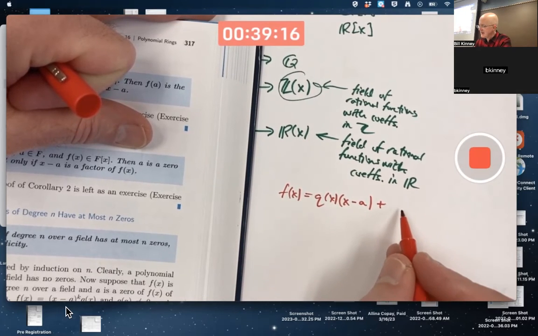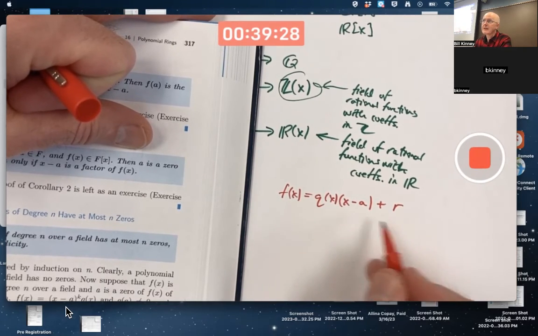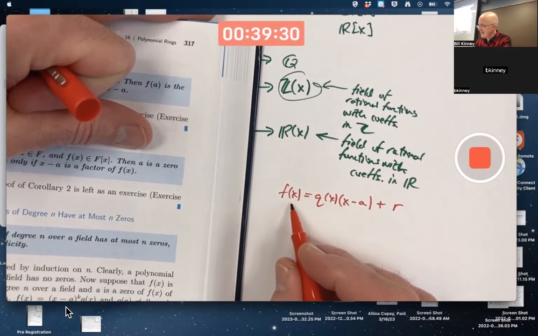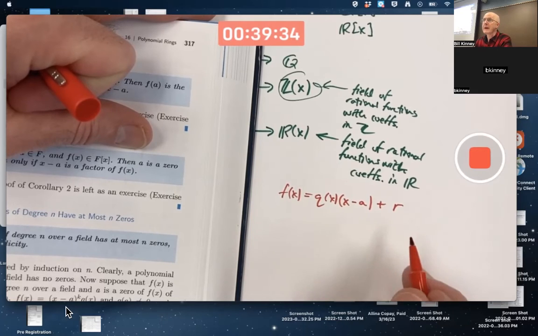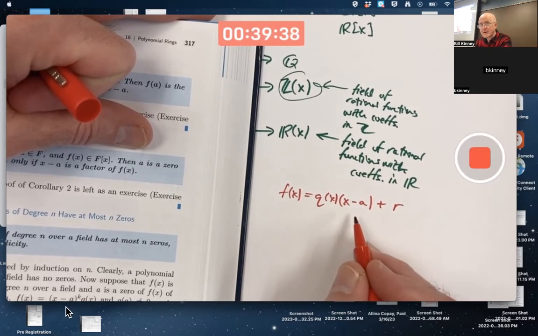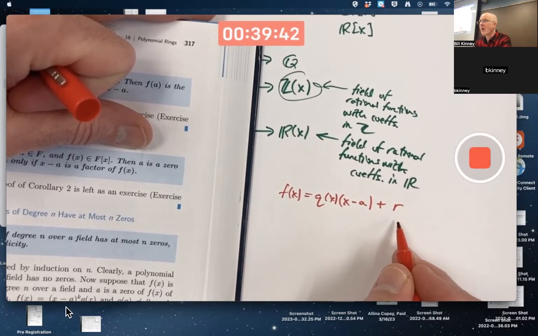So R has got to be actually a constant polynomial. A number, if you like, a field element. I'm thinking about the division algorithm here when I'm writing this. I'm imagining dividing F of X by X minus A. The division algorithm says I get a quotient and a remainder. The remainder is either the zero polynomial or has a degree less than what I'm dividing by. But what I'm dividing by has degree 1. So whether it's 0 or something else, it's got to be constant.